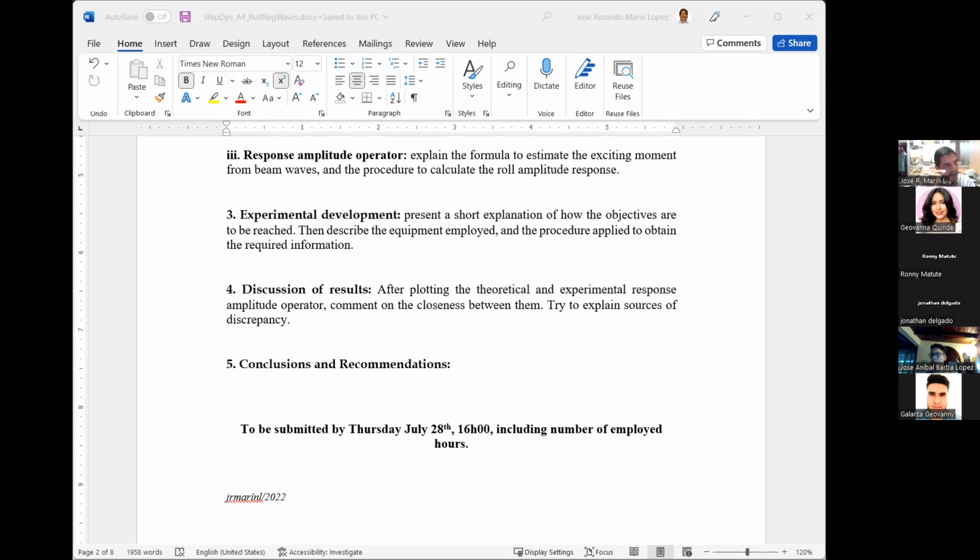The waves are not going to be regular, it's going to be like that. What we're going to register is the angle, and we're going to calculate what we call a spectrum of the response. We have the response, we have the excitation. We're going to see if we can calculate the spectrum of the response using the RAO and the spectrum of the excitation.